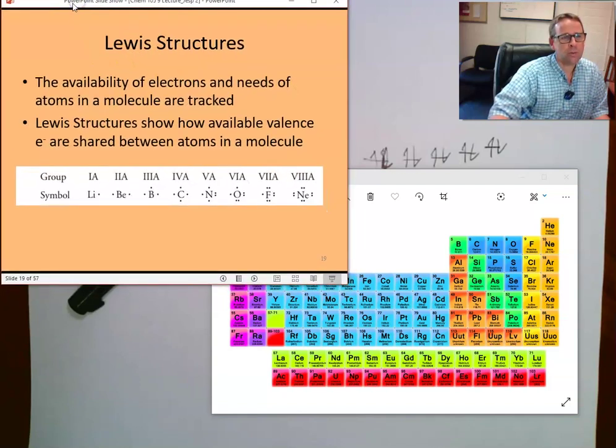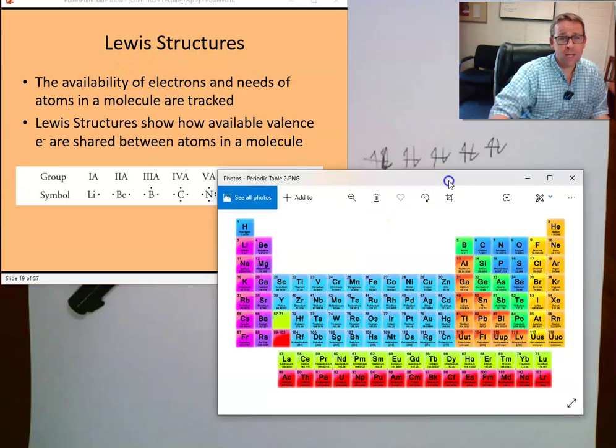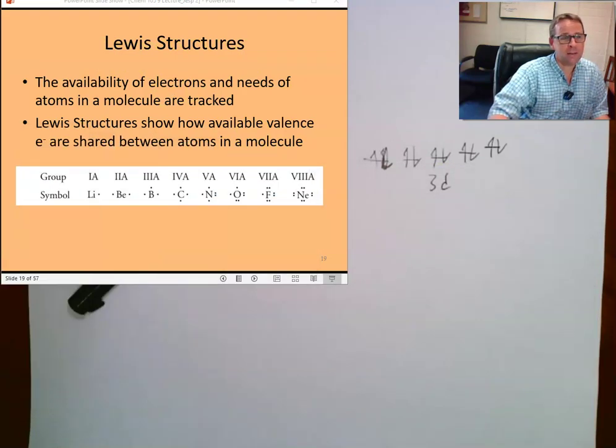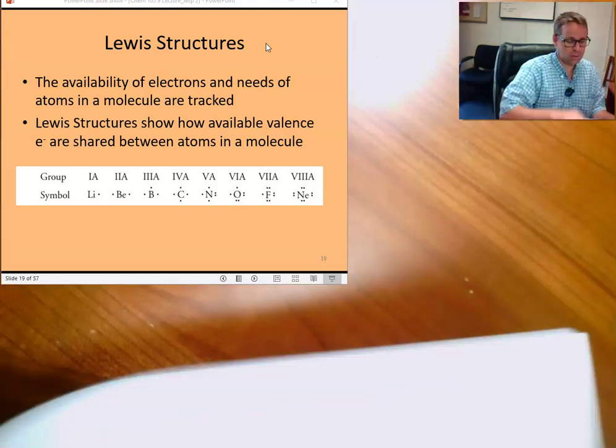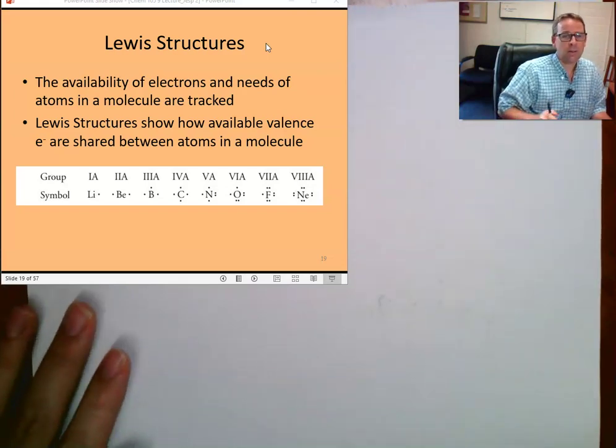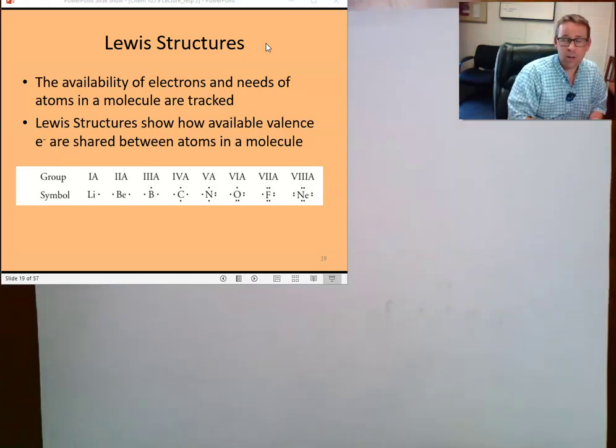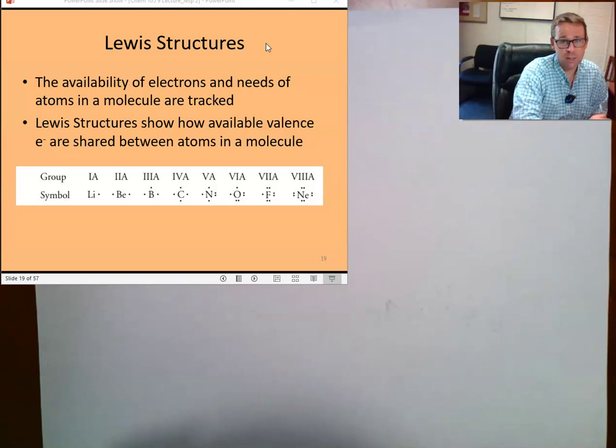Okay, so Lewis structures. This idea stems from the fact that generally compounds or elements want to have 8 electrons available to them, and that's our octet rule, right? The conversation about the octet rule is most effective when we're talking about molecular compounds, because they're compounds made of nonmetals.